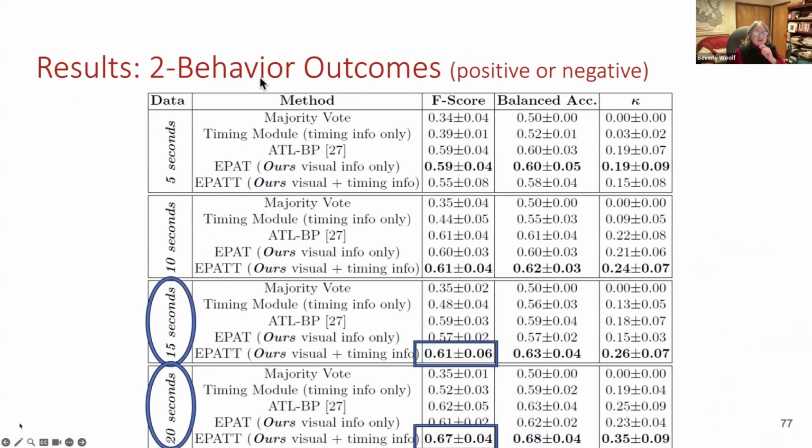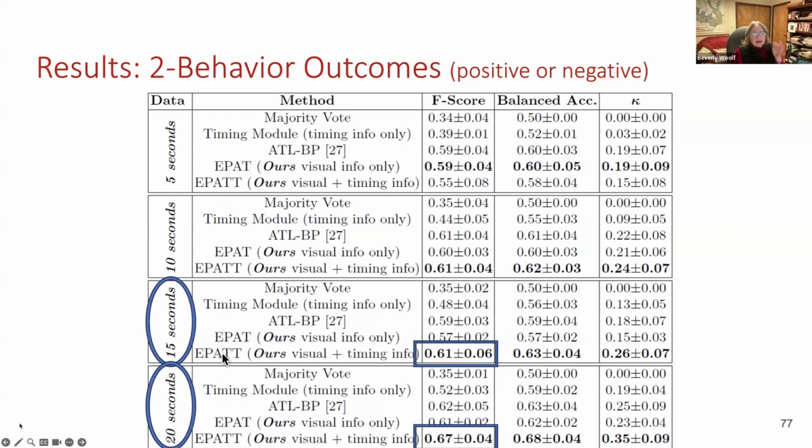And what we did is look at 2 behavior outcomes, whether it's going to be positive things like he's going to ask for a hint or he's going to get it on the first try or he's going to respond. And this is the actual F scores for 20 seconds, 15 seconds, and 5 seconds. So the longer you wait, the better our results.